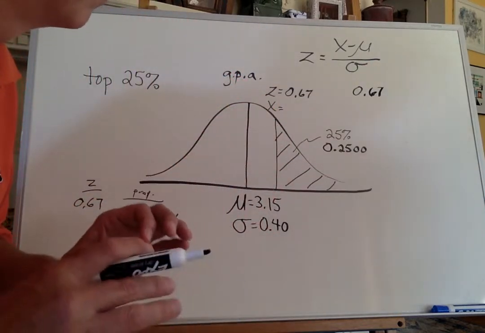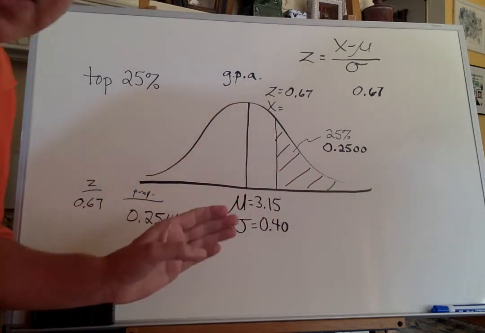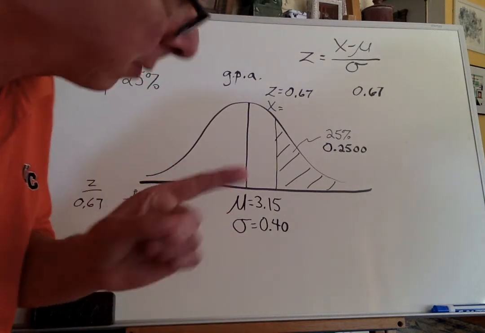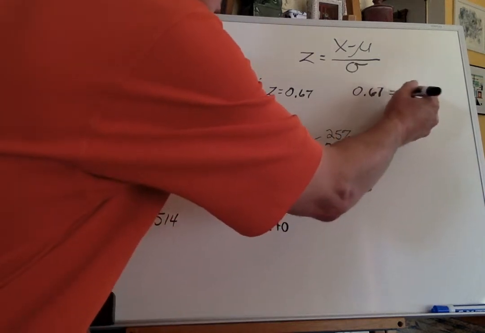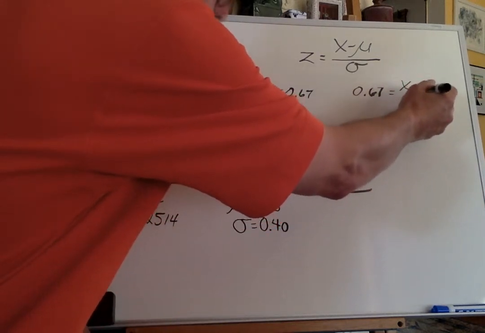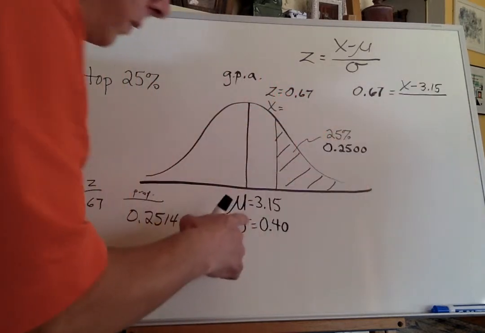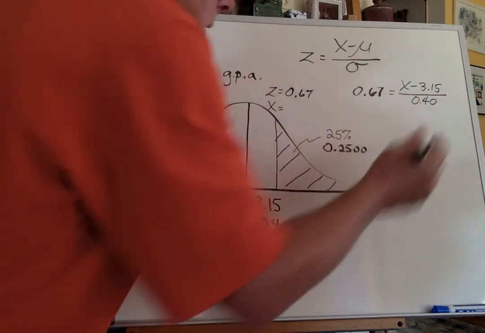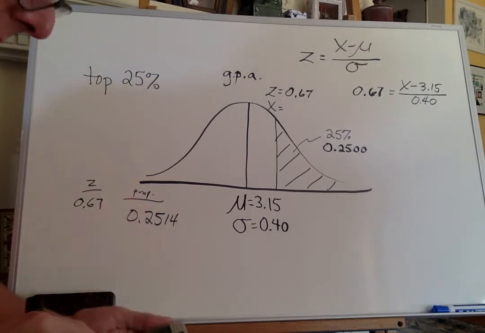I know that from using the table. 0.67 gives me a tail of 25%. Actually 25.14, but we won't tell anybody, okay? 0.67 is the z-score. I'm looking for the x value. I have the mean, 3.15. The standard deviation is 0.40. Okay? So let's solve for x in this case.